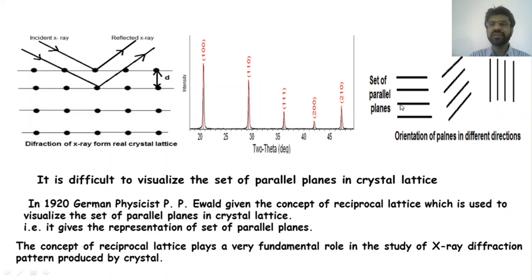Such a difficulty was solved by the German physicist P.P. Ewald in 1920, and he gave the concept of the reciprocal lattice, which is used to visualize the set of parallel planes in a crystal lattice. That means the reciprocal lattice gives the representation of the set of parallel planes.